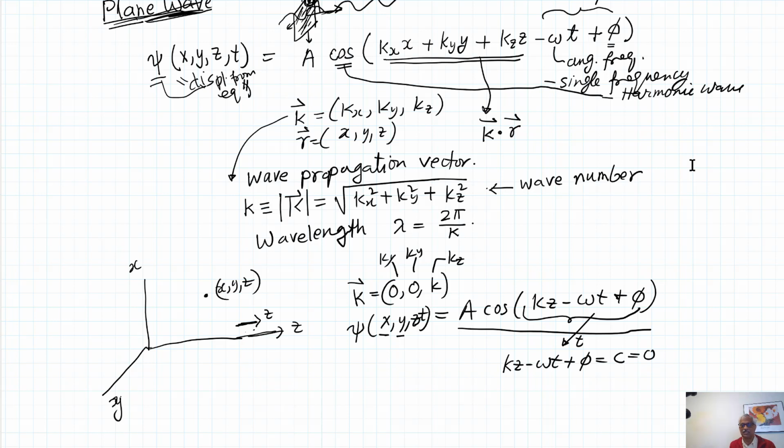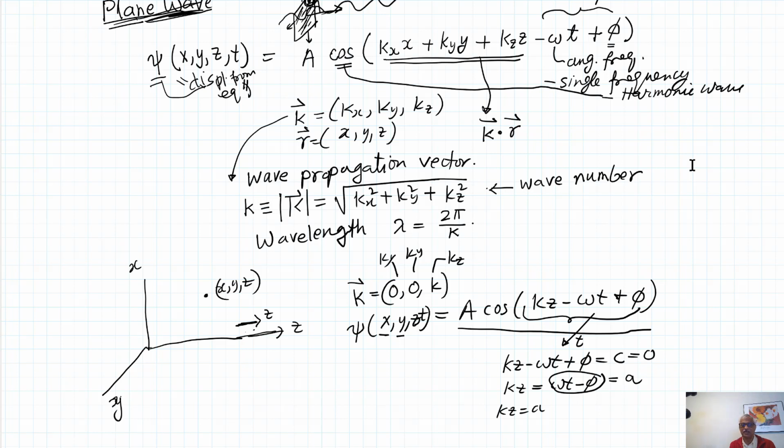You can even set t equal to 0. So if you look at it at t equals 0, kz equals omega t minus phi. So this has some value, say a. So you have kz equals a.